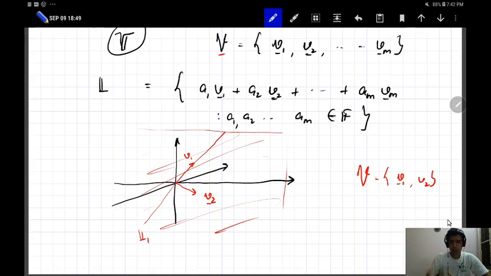So clearly, taking linear combinations of vectors of a vector space is going to give you a subspace of V. But in fact, as we'll see a little later in a future video, this is the only possible way of generating subspaces of V. There is no other way you can generate a subspace of V.